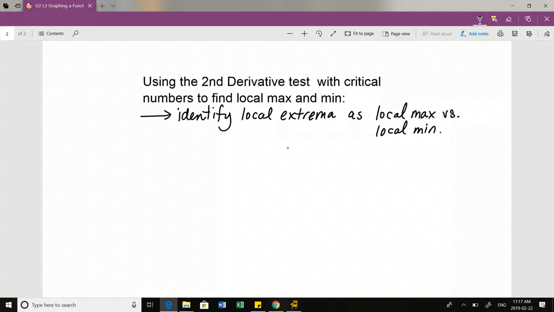So let's take a look at our function above, because we already have some of those points. We had the function that looked like this. And we found our critical numbers on this function when we found the first derivative and set it equal to 0.